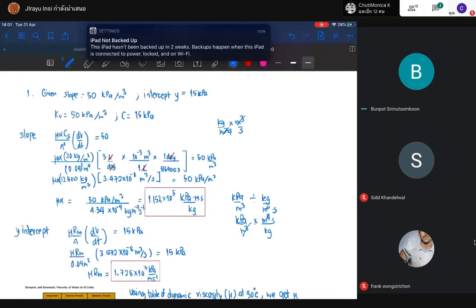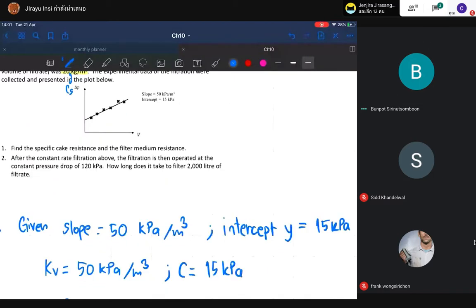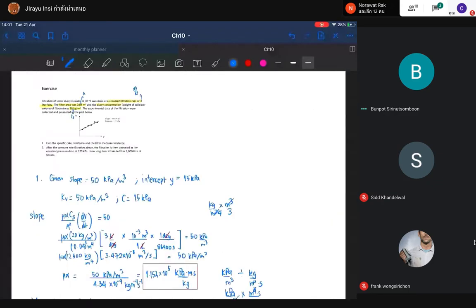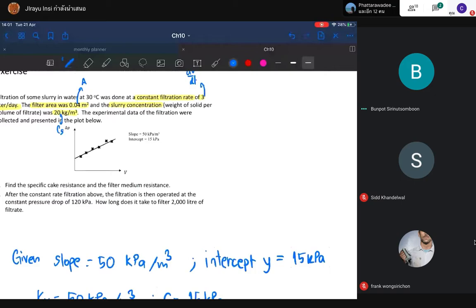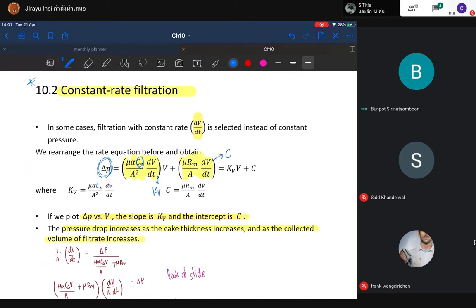And then we are given the slope here. If you look at the lecture note, the slope here represents kV. So what I did was equate both sides.